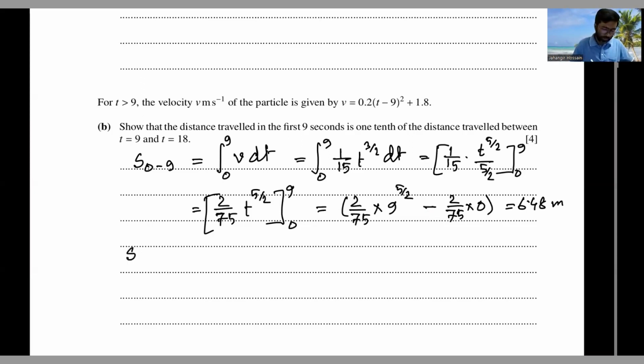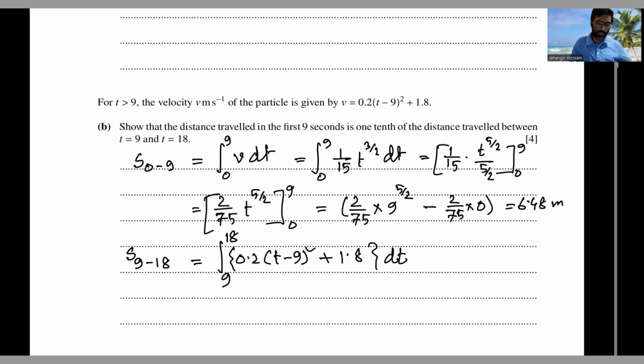Now, the distance traveled between 9 and 18 seconds is the integration from 9 to 18 of v, which is 0.2 times (t minus 9) whole square plus 1.8. But there is a question whether the particle comes to rest between this interval or not.